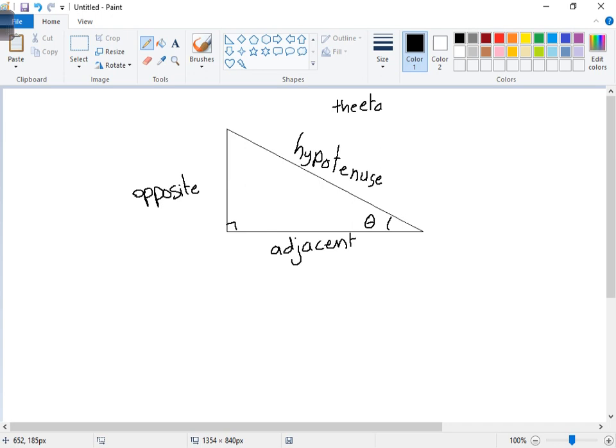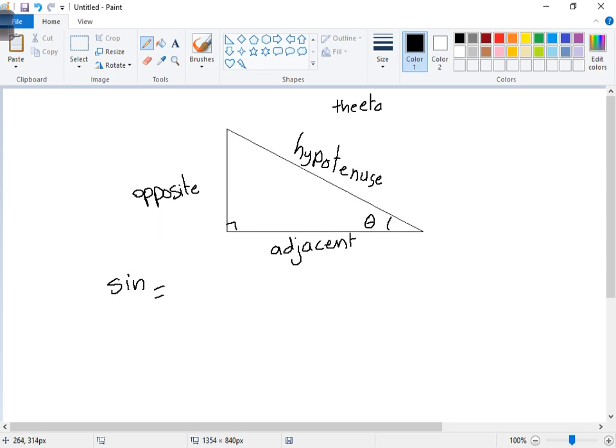Now in trigonometry everybody knows sine. Sine is the ratio for the angle theta between the opposite and the hypotenuse.